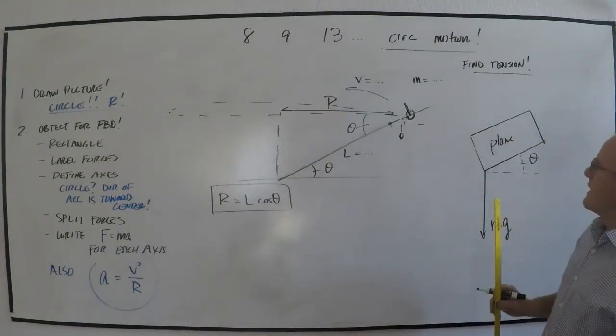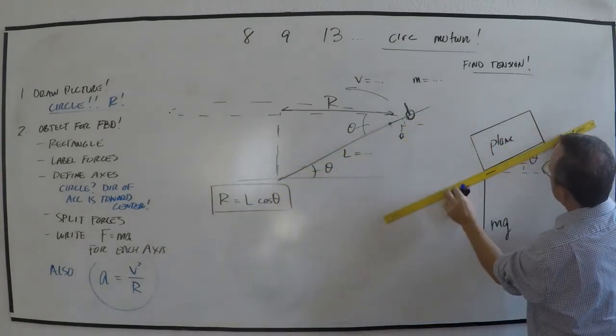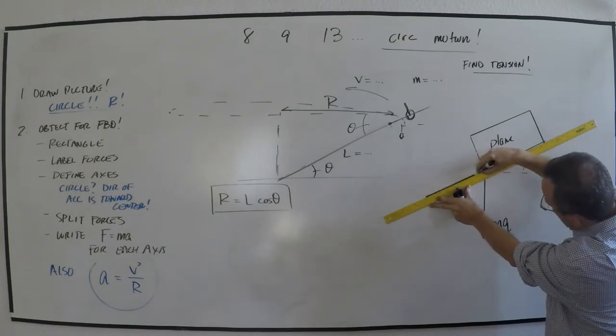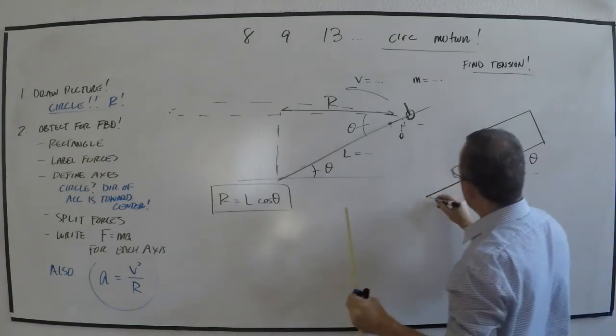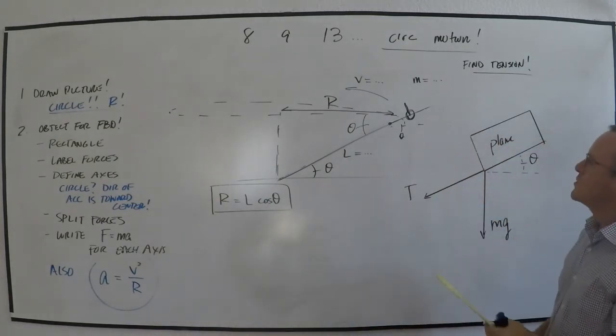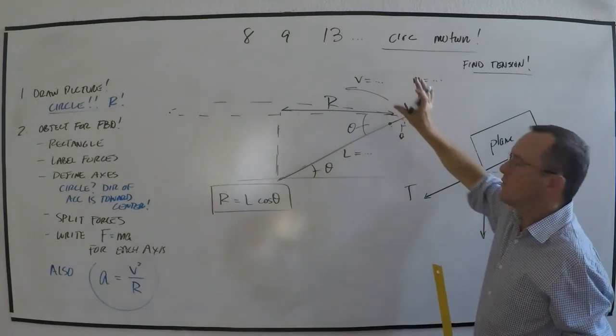Great. Forces, always, mg. Straight down. What other forces are acting on it? Well, the tension is pulling that way, and that is the same direction as the bottom of the rectangle here. So I'm going to go like that. What else? You're told there's a lift force. The lift force is perpendicular to the wings.